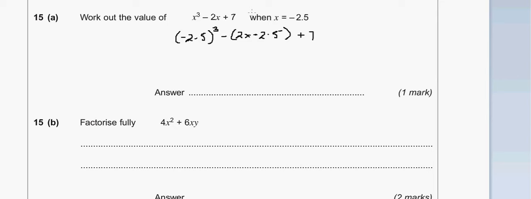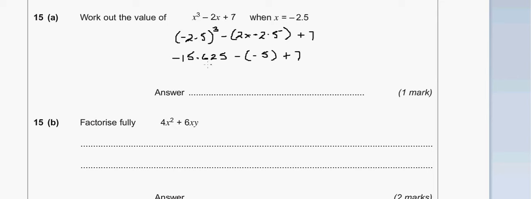So we have minus 2.5, and that's going to be cubed, which gives us minus 15.625 minus, now 2 lots of minus 2.5 will be minus 5 plus 7.